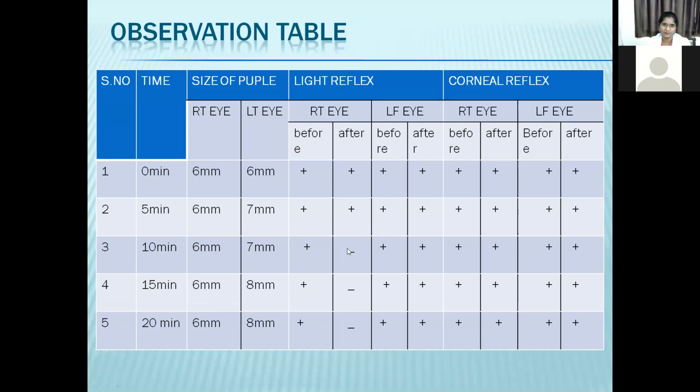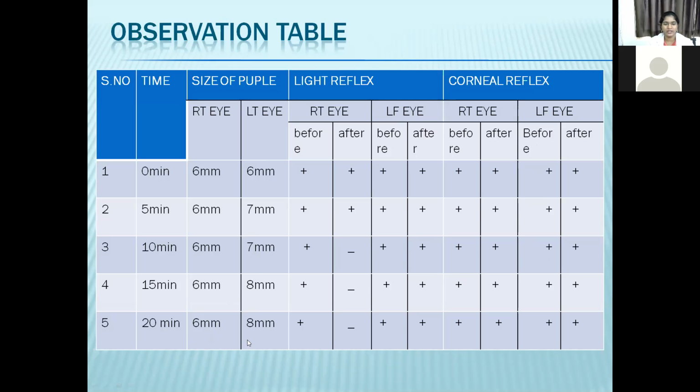It causes blockade of the M3 receptors, so it does not show any light reflex. The corneal reflex is present: when we touch the cornea with cotton wool, the eye blinks.